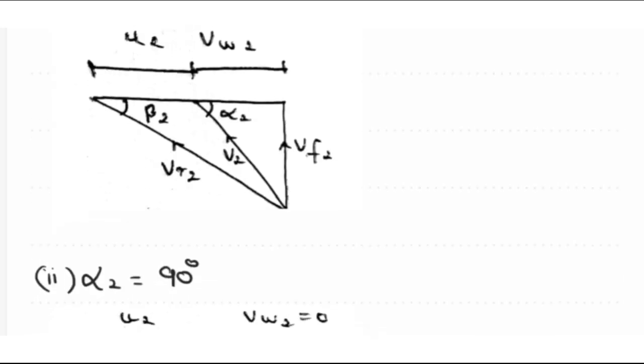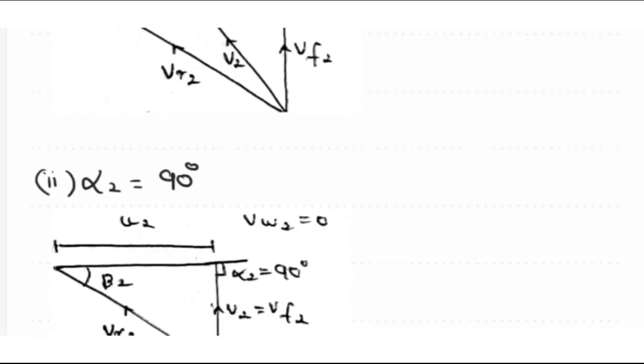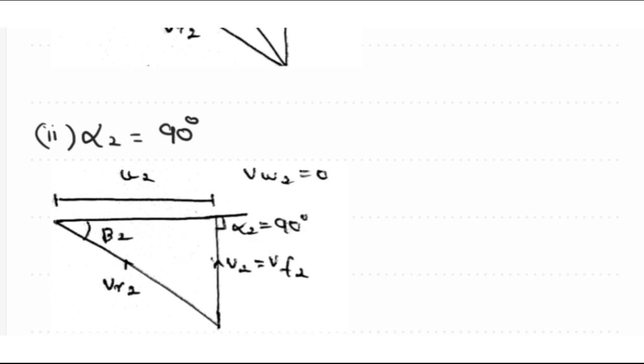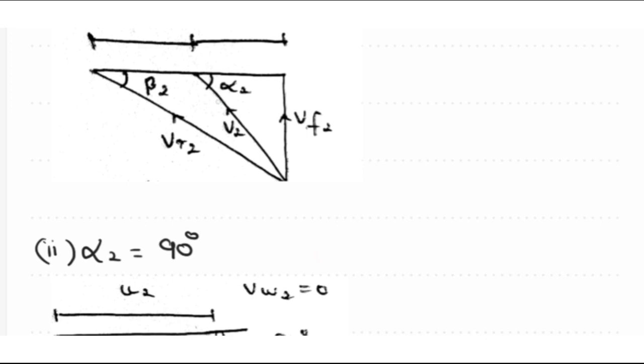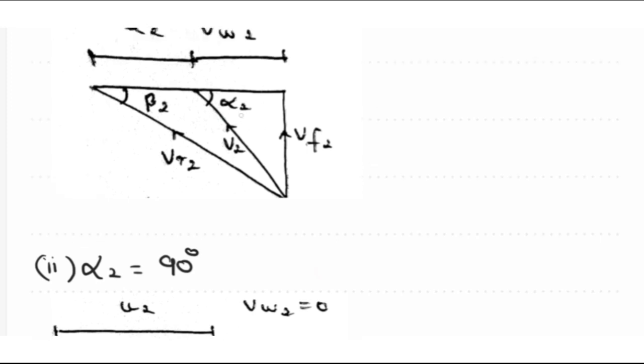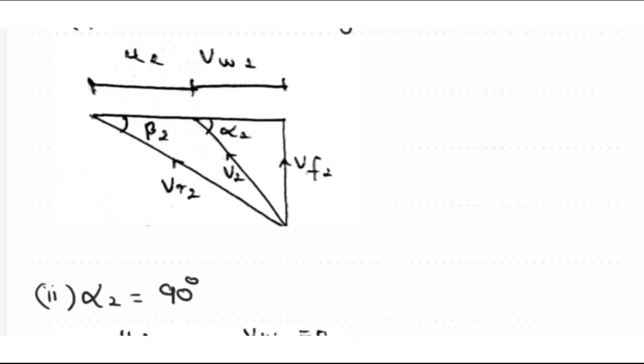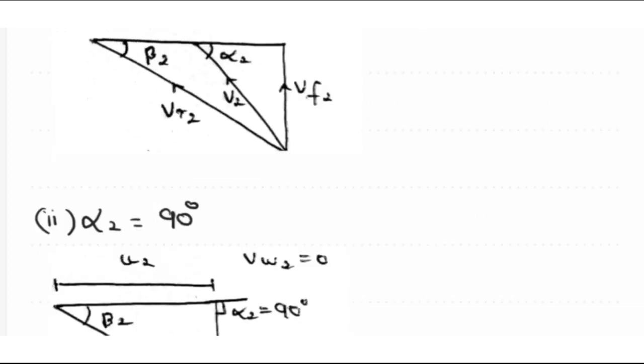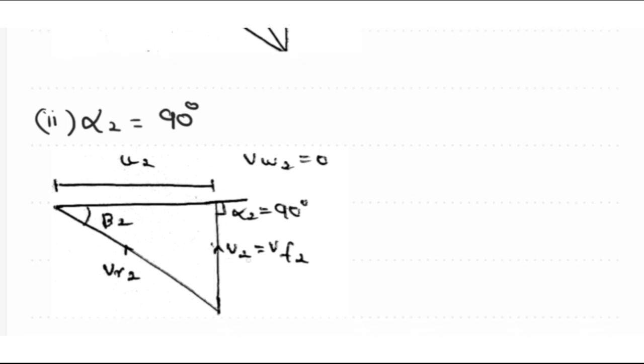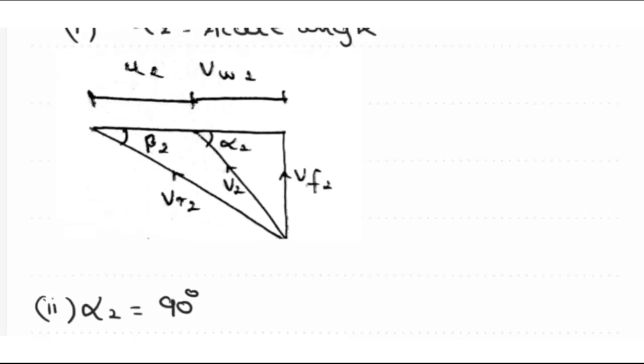So second case when alpha 2 is right angle. So you can see alpha 2 is equal to 90 degree. So when alpha 2 becomes 90 degree, you can see this will be shifted from here to here. So this VW2 will be equal to 0 and V2 will be equal to VF2. So that is what I have written. V2 is equal to VF2 and VW2 will be equal to 0 since it is shifted from here to here.